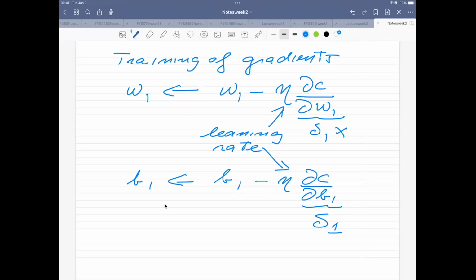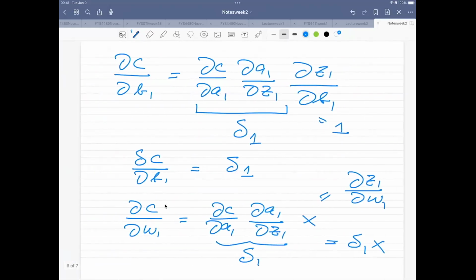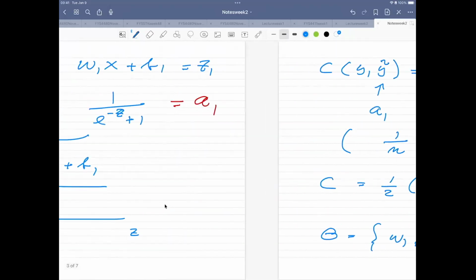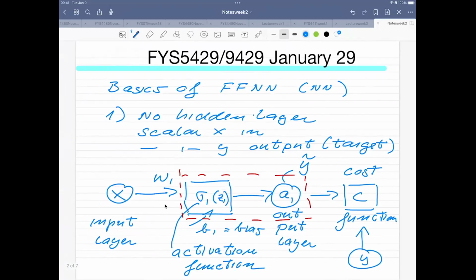So the feed-forward algorithm then consists in the following. If you look at the network which we put up here, you would initialize the weights and the biases, and you feed through X, and you obtain an output. Then you compare that to the target value.